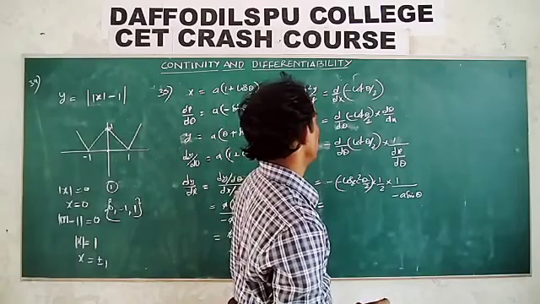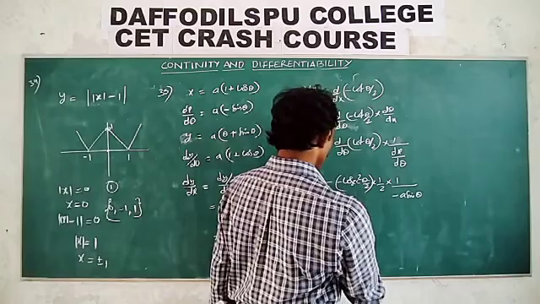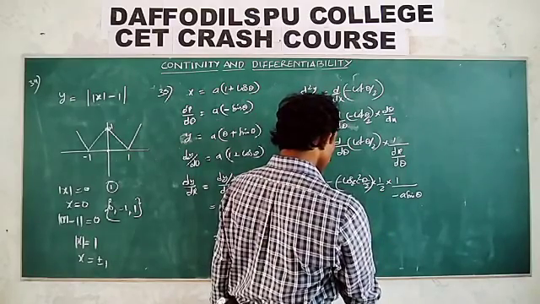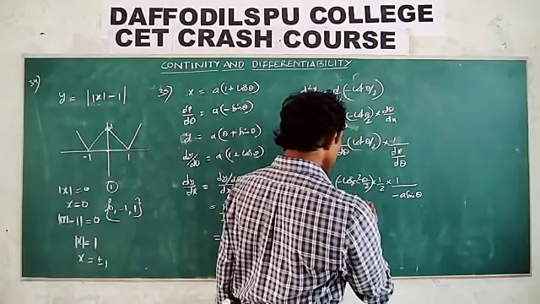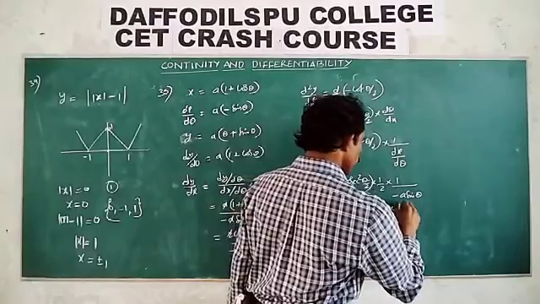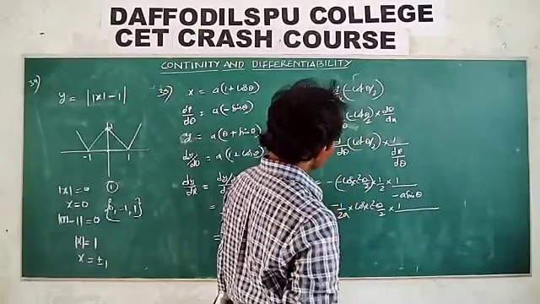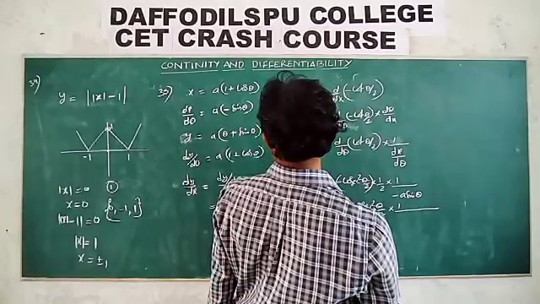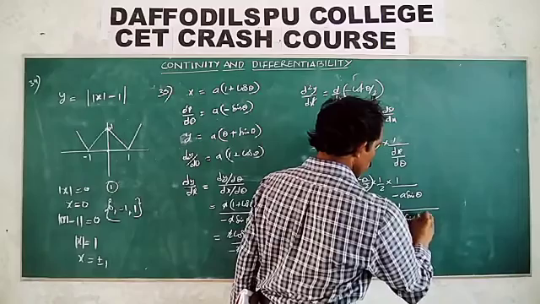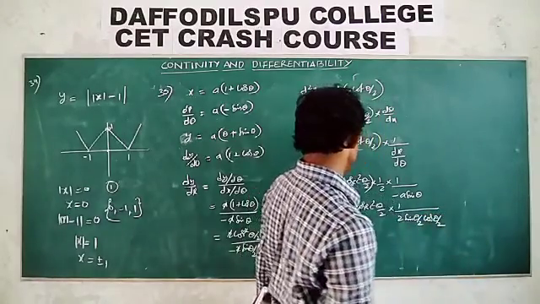Minus into minus, 1 by 2 into 1 by minus a sin theta. This is equal to cosecant square theta by 2 into 1 by dx by d theta. Correct. Sin theta is 2 sin theta by 2 cos theta by 2.